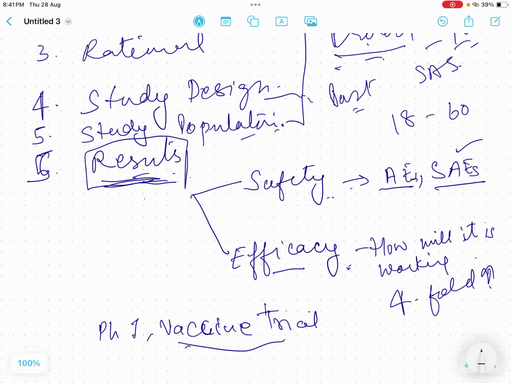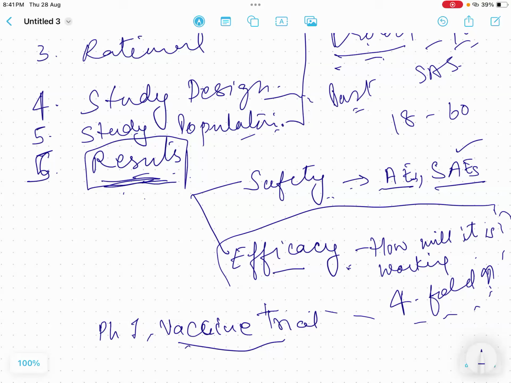Another example: suppose you are a regulatory body. In a regulatory body, one person doesn't review; most of the people review. Take the example of the DCGI. The DCGI has 25 SMEs, subject matter experts, right? Suppose this CSR goes to a microbiologist. The microbiologist will be focusing here.